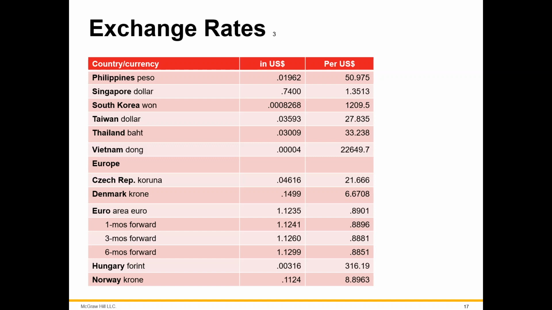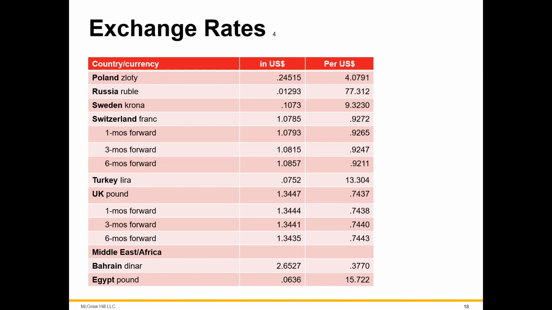But here you can see the euro is actually more valuable than the dollar on a unit by unit basis. If you want to buy $1 US, you need to pay 0.89 euros as of this writing. The Swiss franc is slightly more than the US dollar.